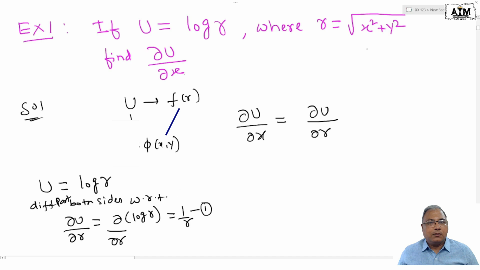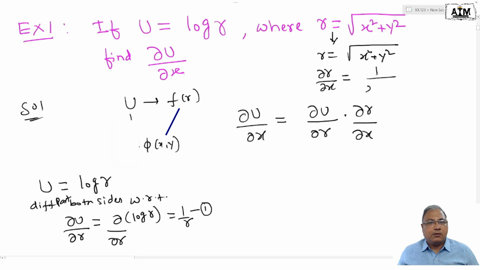Now r is nothing but under root of x square plus y square. You need to find the partial derivative of r with respect to x. So the partial derivative of r with respect to x is nothing but 1 upon 2 under root of x square plus y square multiplied by 2x.